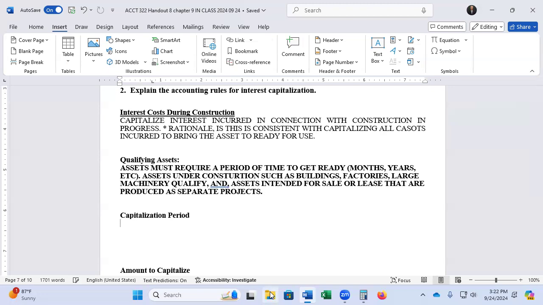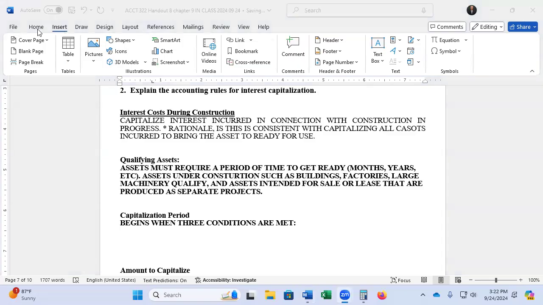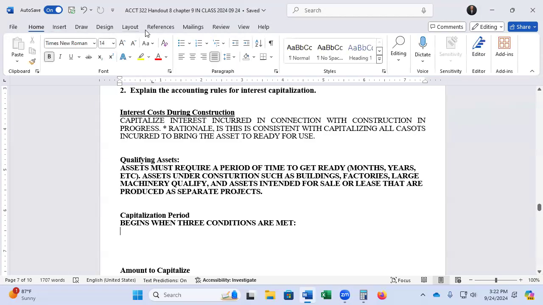The period begins when three conditions are met. The first condition is expenditures for the asset have been made.